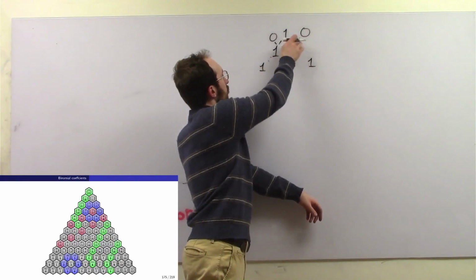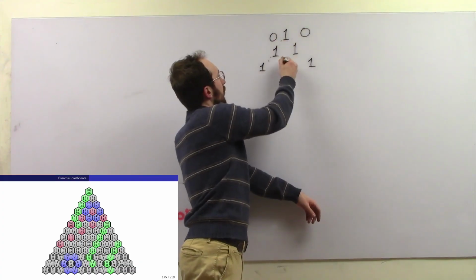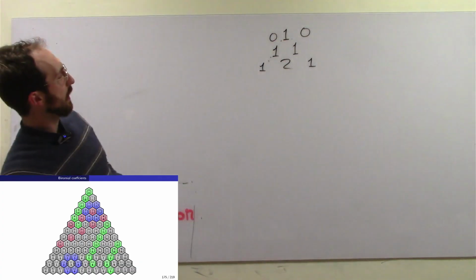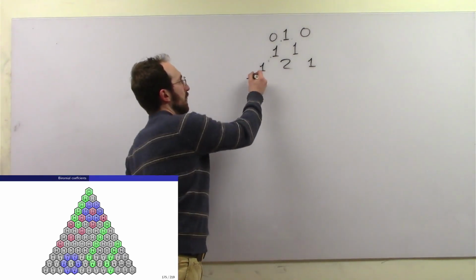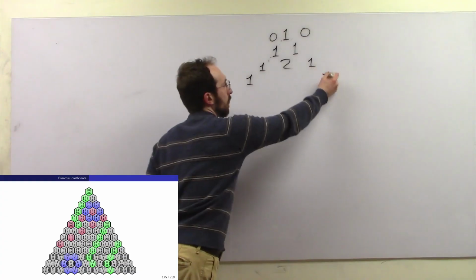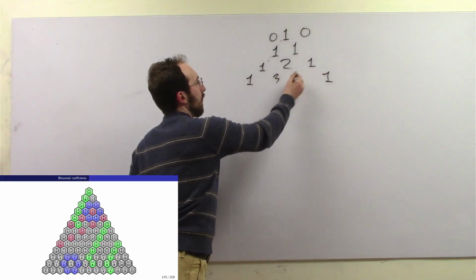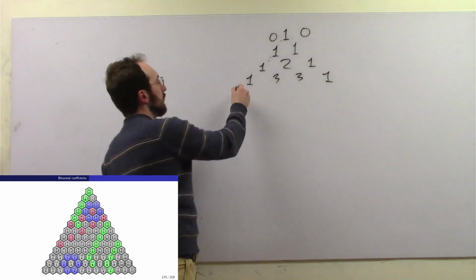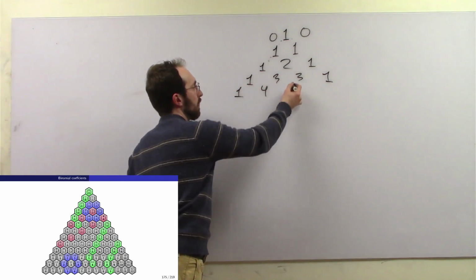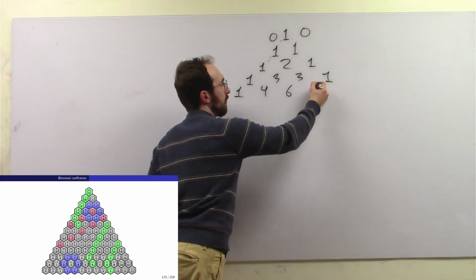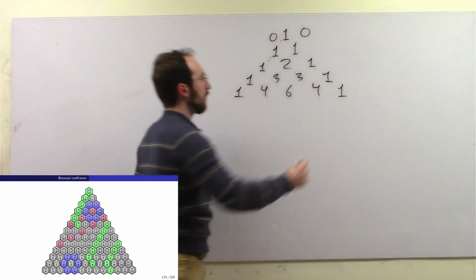Okay, we get a 2. Wonderful. And we can keep doing this. Bring these 1s over, start adding things up. We get a 3, neat. Keep going. 1 and 3, you get 4. 3 and 3, you get 6. 3 and 1, you get 4. And 1 and nothing, you get 1.